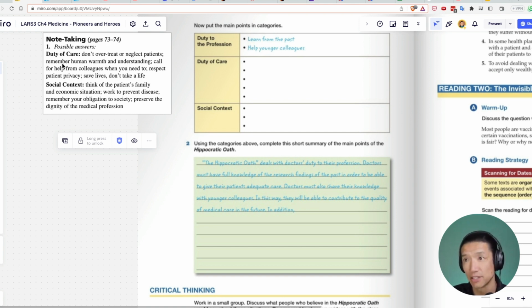Instead, they should remember that human worth and understanding are more important than the surgeon's knife. See, is that hard? I don't know. Doctors should ask for help when they don't know something. Respect patients' privacies. Okay. They should always save lives and not take a life.